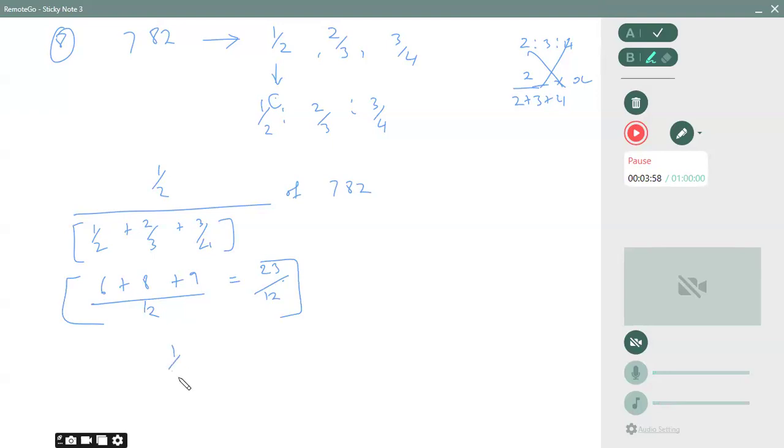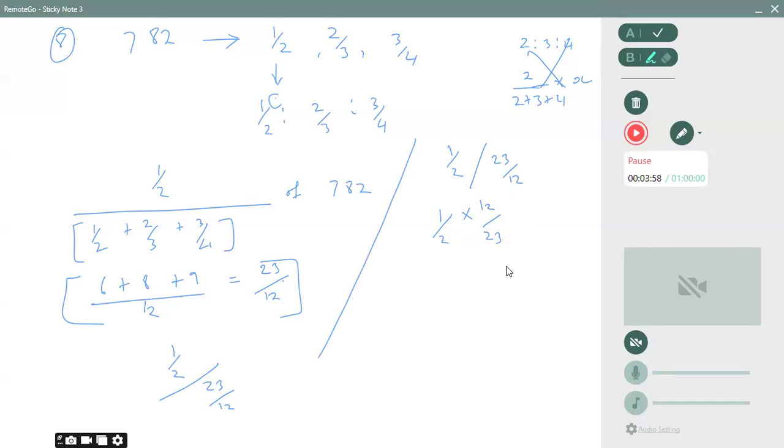So in short, it is now a half divided by 23 out of 12. This is the same as 1 out of 2 times 12 over 23 when we are changing it.